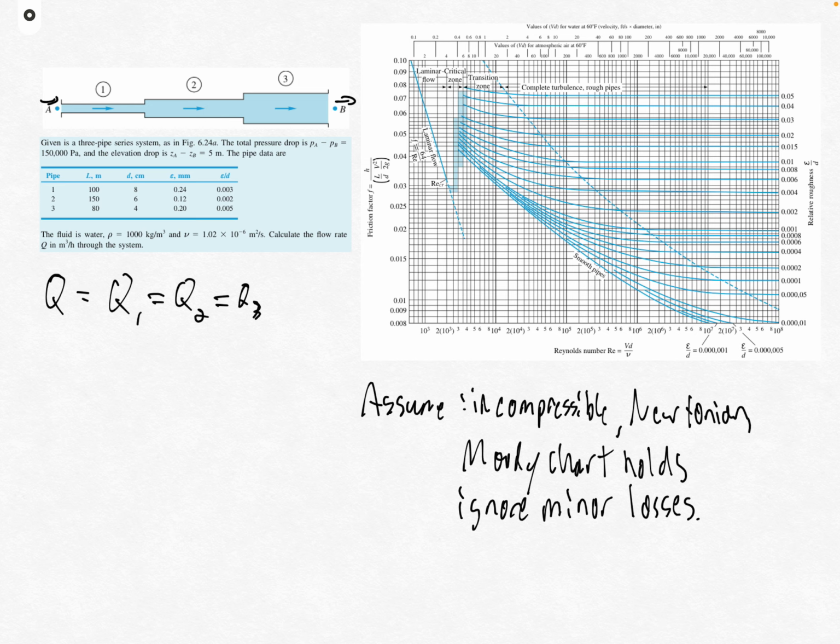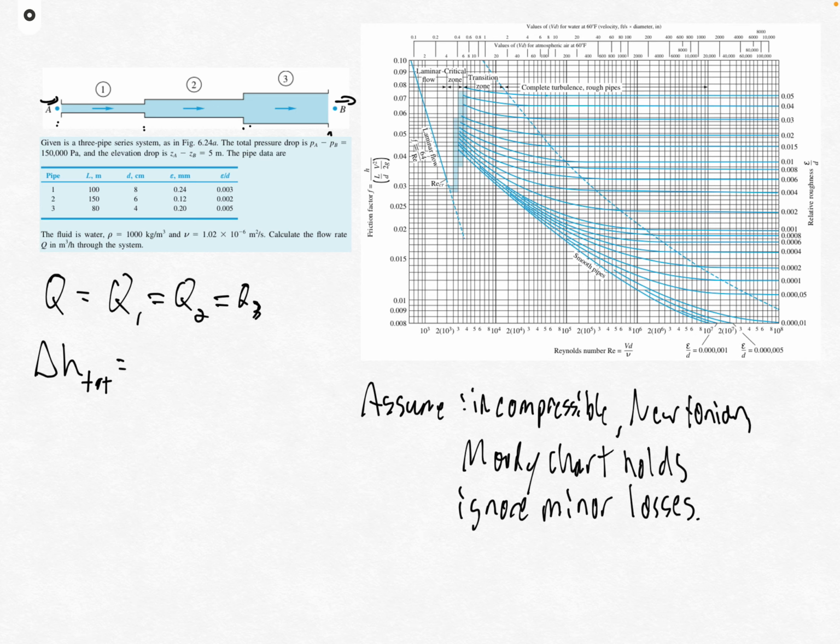Okay, so we have Q, the total flow rate, is equal to Q1 is equal to Q2 is equal to Q3. The other piece that we need in order to get started is the total head loss, delta H total. In this case, because that change in head in this system is due to differences in pressure and elevation, it's going to have to add as we move from the left to the right.